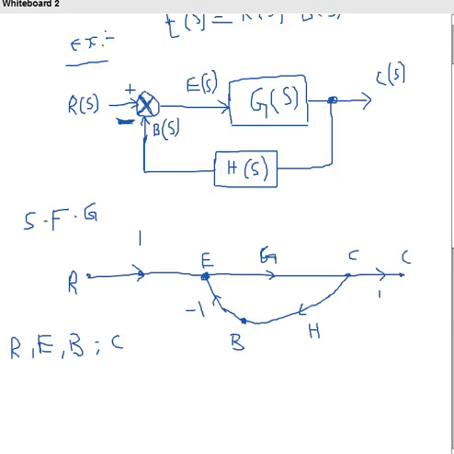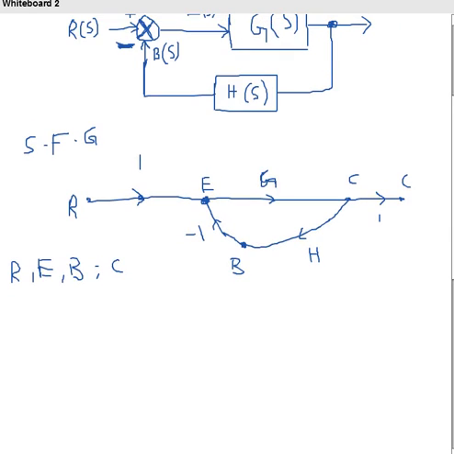Okay. So what is a branch? The next definition is branch. A signal travels along a branch from one node to another in the direction indicated by the branch arrow, and in the process gets multiplied by the gain of the branch. So here R, E, B, C are the nodes.